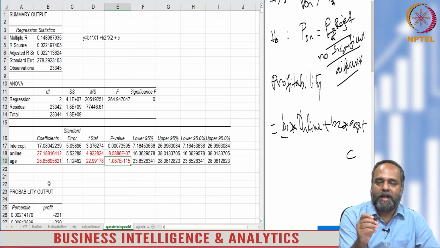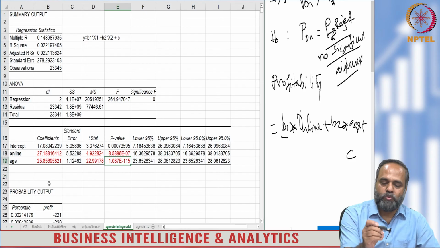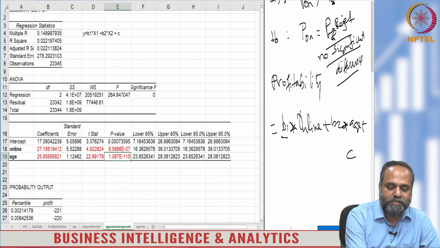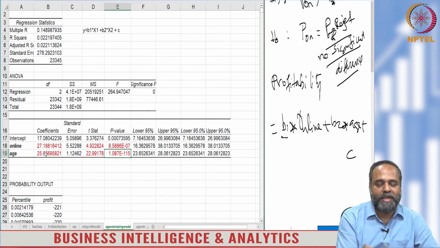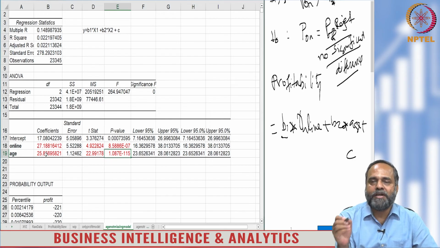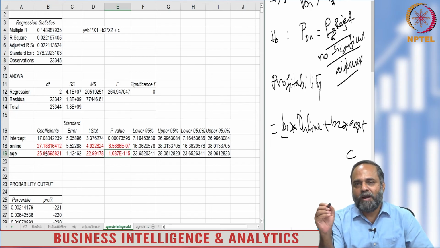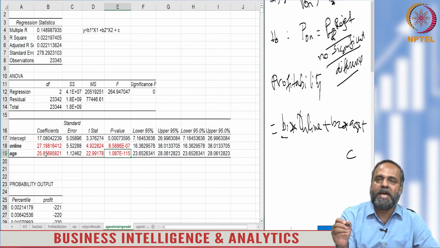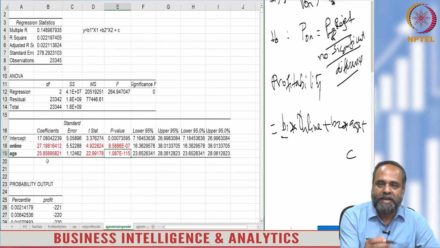The customer with age 2 will be more profitable because there is 25.85 into 2 there, right? So as age grows, the profitability in online mode increases. If customers are online in higher age groups, they are more profitable. That is the sense that you get from this model.